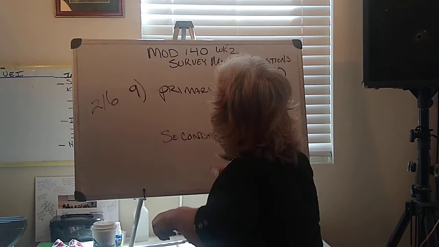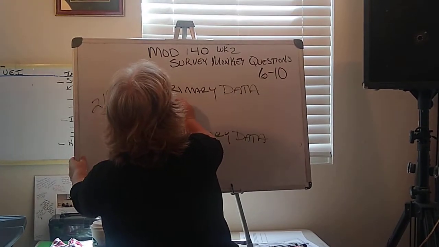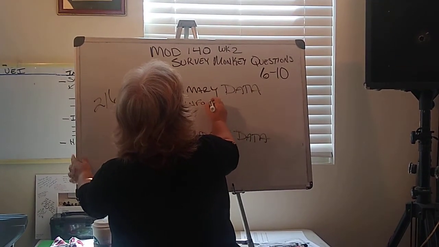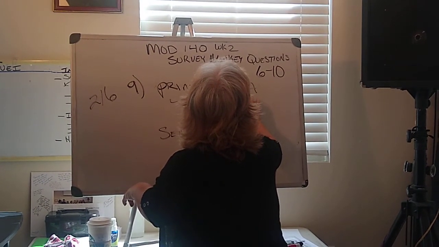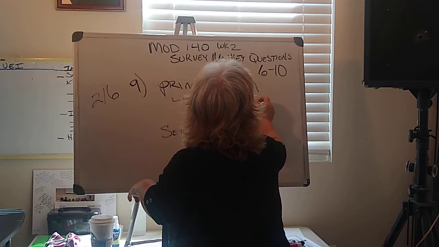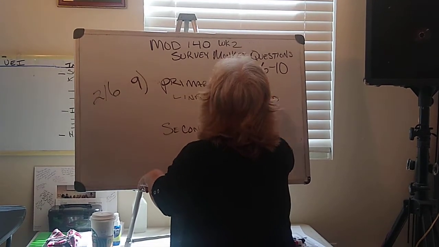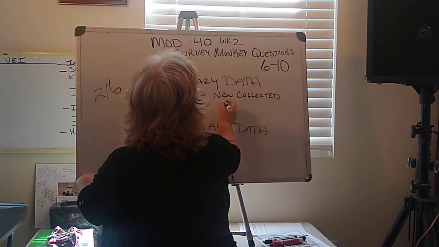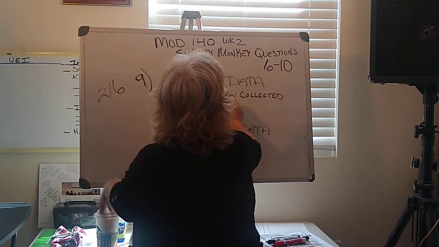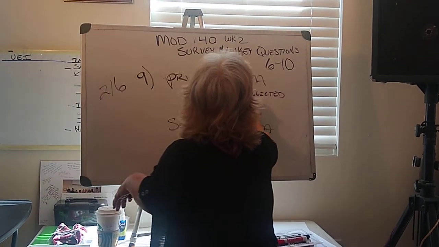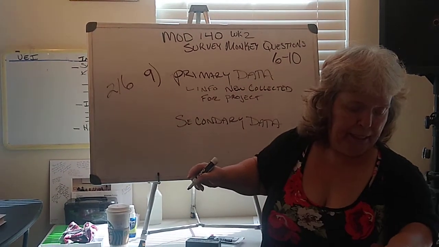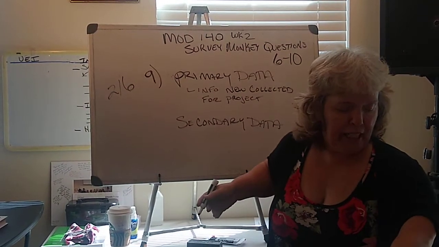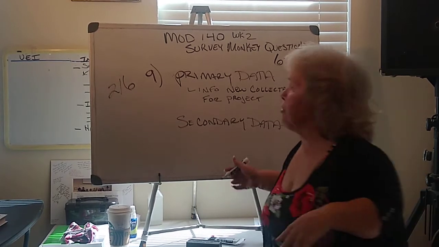So primary data is information that is newly collected for whatever project you're doing research for. And secondary data is facts and figures that have already been recorded prior to the project.